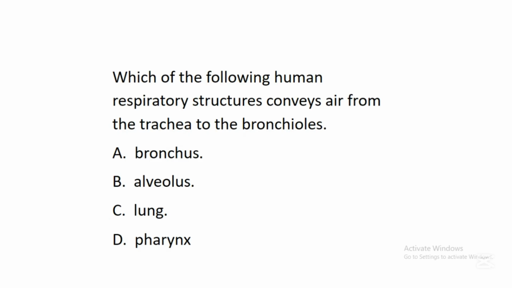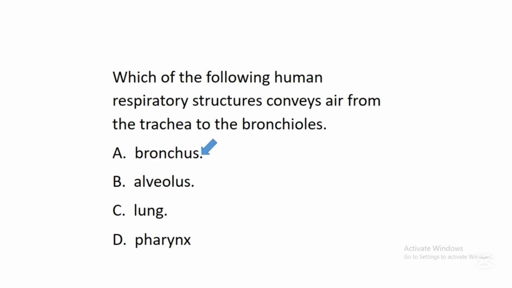The next question says, which of the following human respiratory structures conveys air from the trachea to the bronchioles? A. Bronchus. B. Alveolus. C. Lung. D. Pharynx. In this question, the correct answer is A. Bronchus.